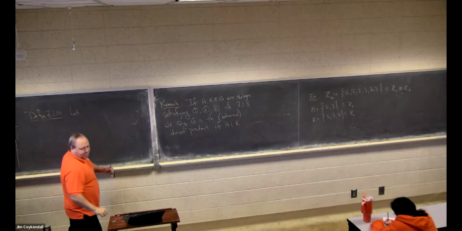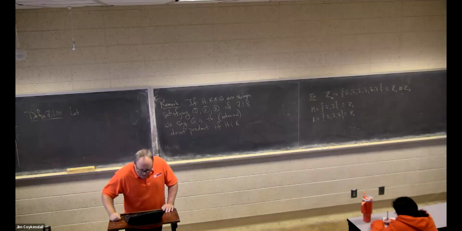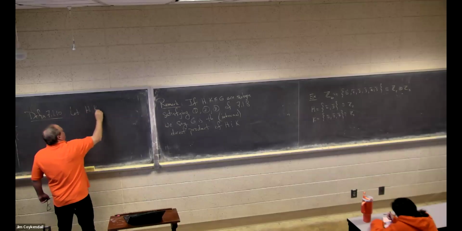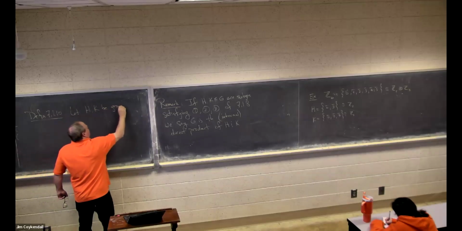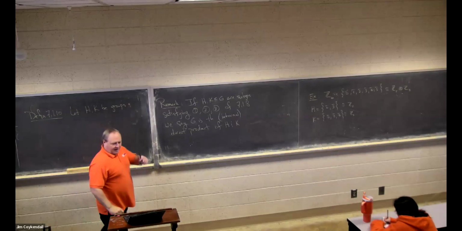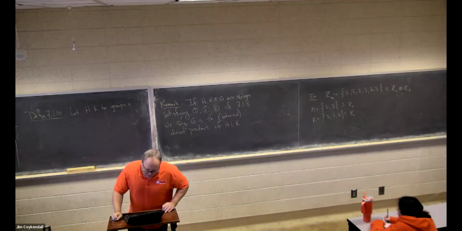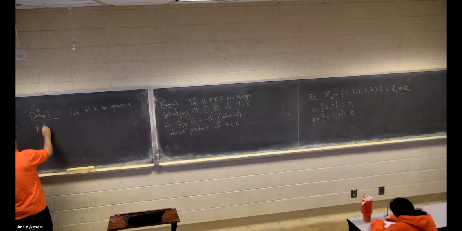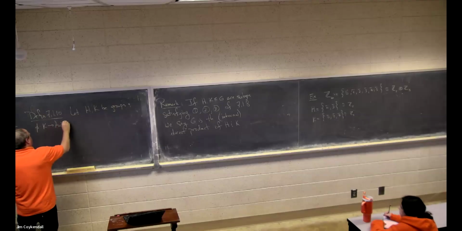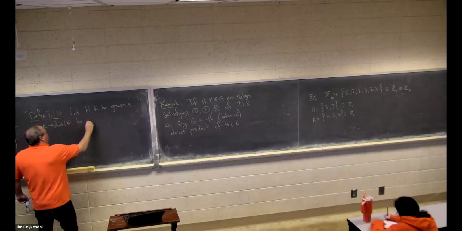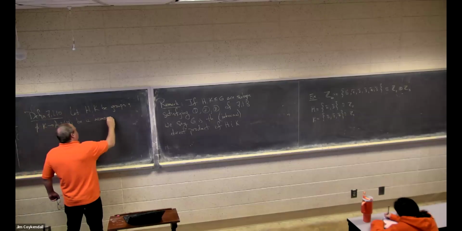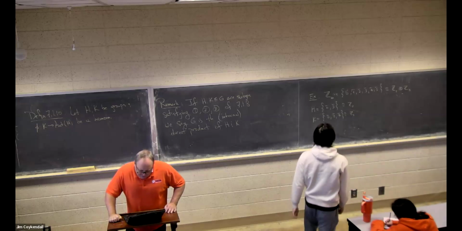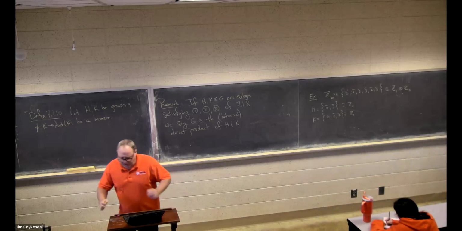Let H and K be groups, and phi a homomorphism from K into Aut(H). We define the semidirect product of K with H.